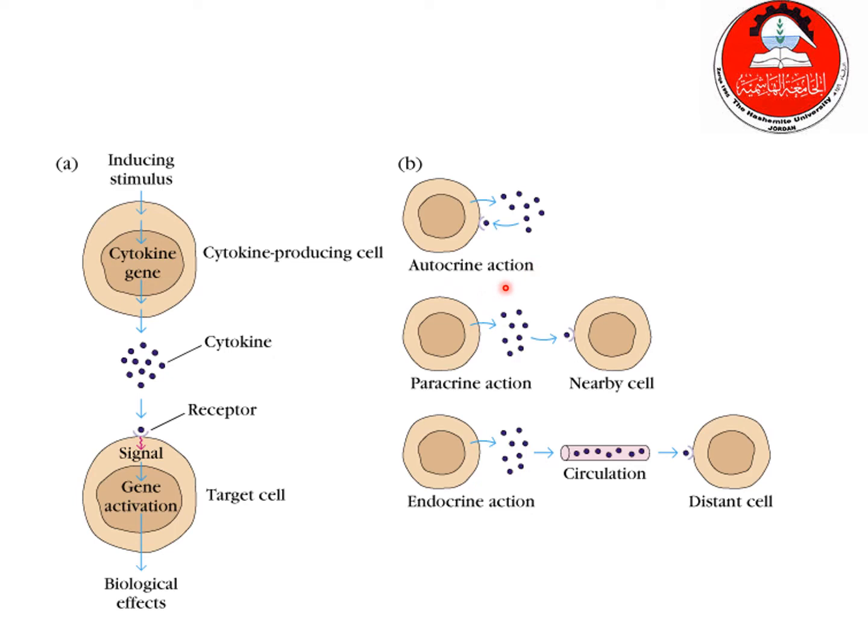So autocrine, it's released from this cell, and then it binds to the receptor on the same cell to activate the cytokine gene. Paracrine released from this cell to the neighboring cell, and endocrine, it goes through the circulation to distant cell to bind to its equivalent receptor on the distant cell and activate the cytokine gene.